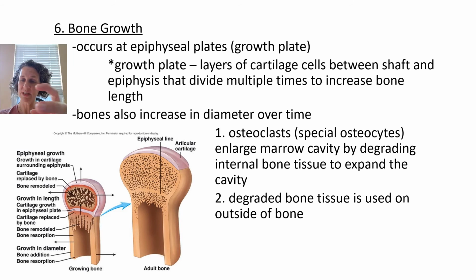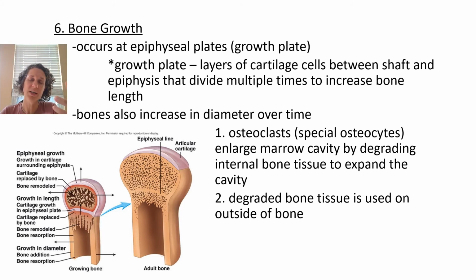Bones also increase in diameter, so they get wider over time. And this is due to cells called osteoclasts. And these are specialized osteocytes. And they are doing kind of the opposite of making new bone. They are breaking down bone tissue. They enlarge the center of a long bone, the marrow cavity, by breaking down that tissue to make the hole bigger.